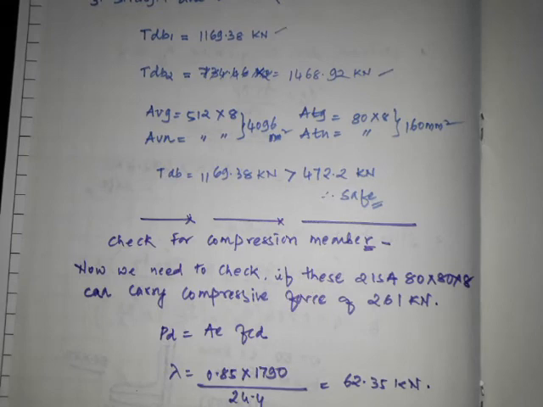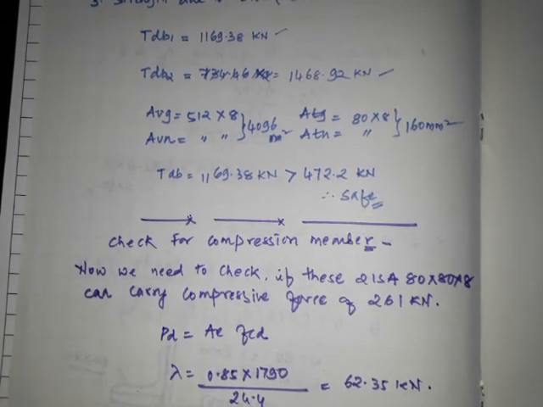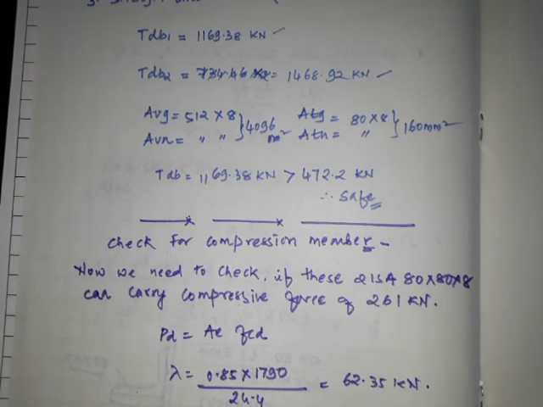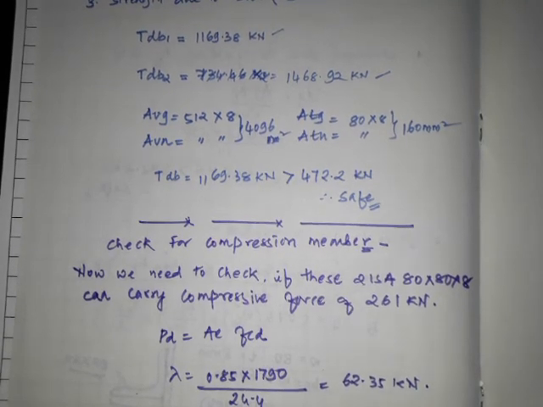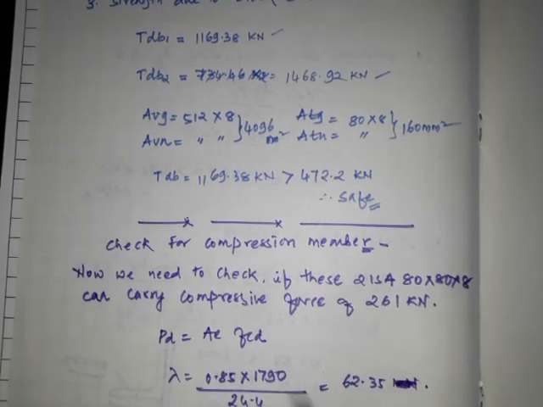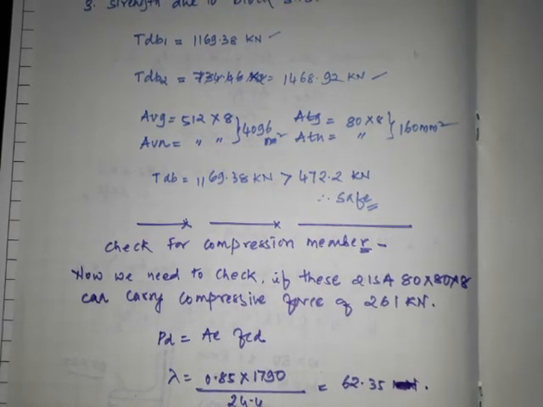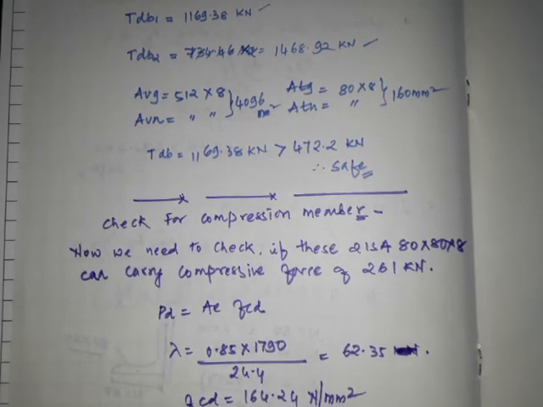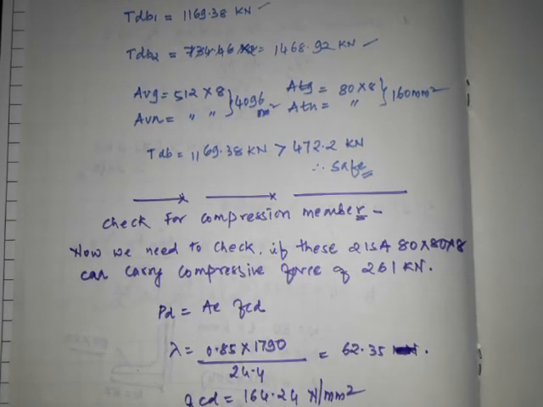From that, you have to go back to table number 9C and find the value of FCD. With respect to lambda 62.35, we get the value of FCD from table 9C as 164.24 Newton per mm square. Therefore we can find PD is equal to AE into FCD. AE we already have as 2442, into 164.24.